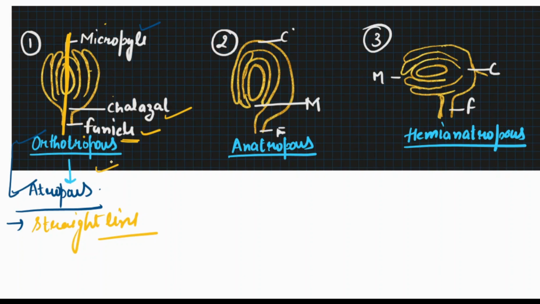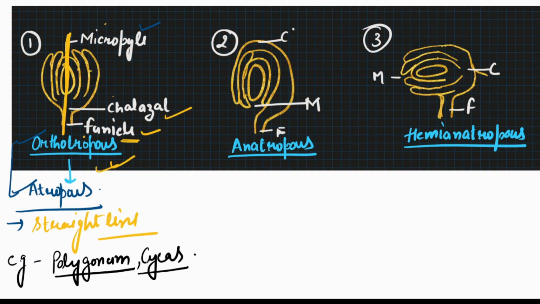I hope this type of the ovule is clear to you all. Now, if we see the example of this ovule, so this type of ovule is present in Polygonum and Cycas. Cycas is the gymnosperm. So these examples are very important. So note it down.